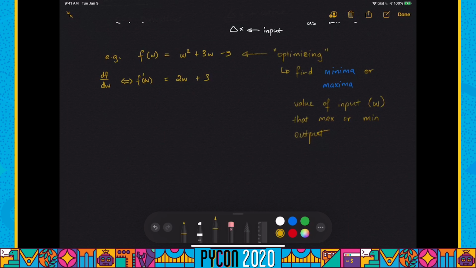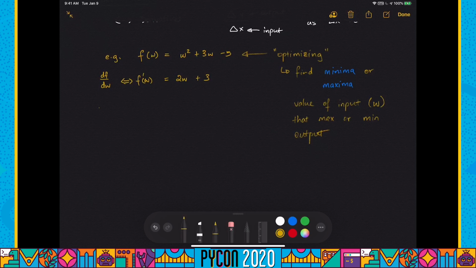So we know now that the minima of the function is present when the slope is equal to 0, right? So if we set df by dw to be 0, then we can analytically solve for what the value of w is that minimizes the function.